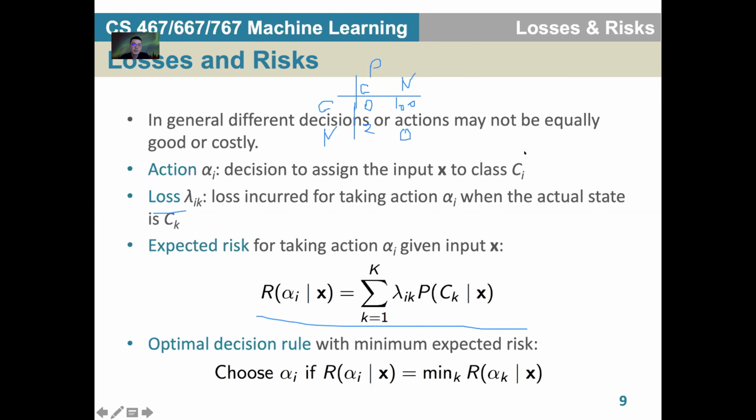Based on my features, let's say the fever etc., we have a bunch of features, then we may have a certain probability to belong to C and N. Given X, what is the probability of being in that class? That's the model we will predict. This P is what we will learn in the next few lectures. So this is the machine learning model. We are talking about it at the abstract level.